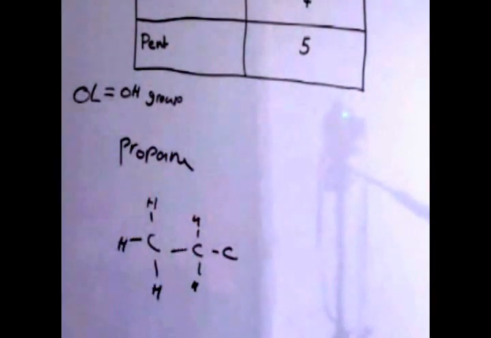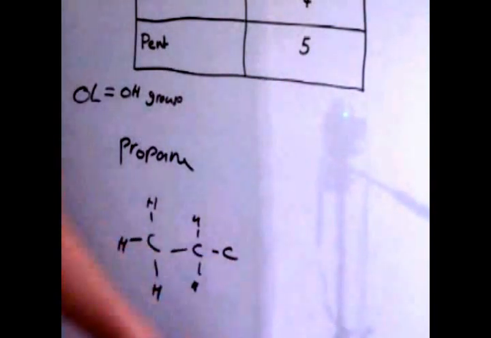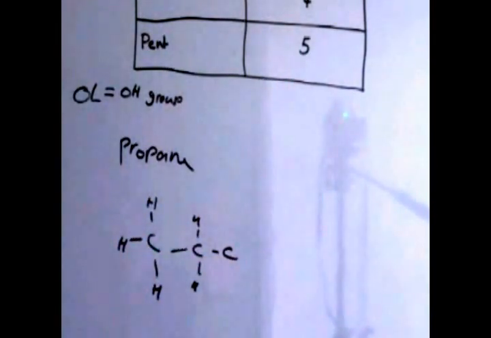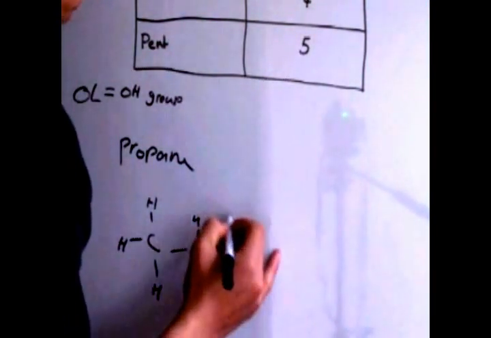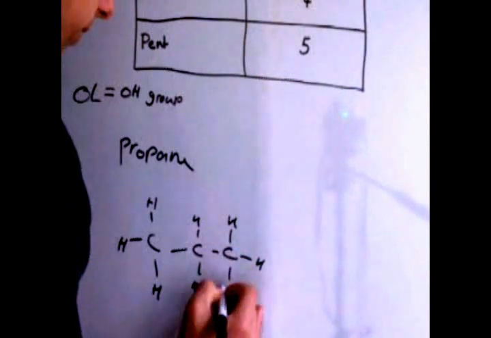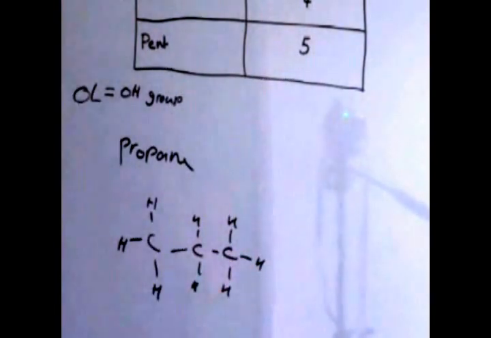That's 2 hydrogen atoms. And again, the carbon atom on the end is pretty much the same as the first carbon atom. It's got 1 bond used up out of 4, 3 bonds left, 3 hydrogen atoms. Okay, and that is the structure of propane.